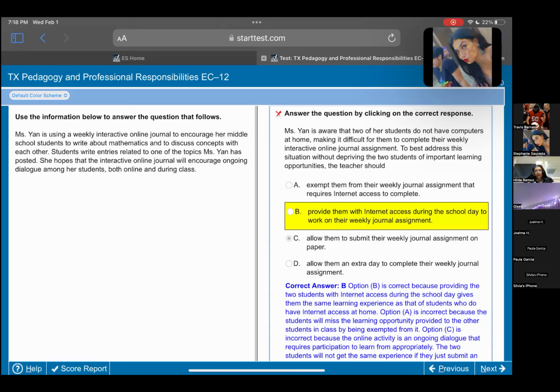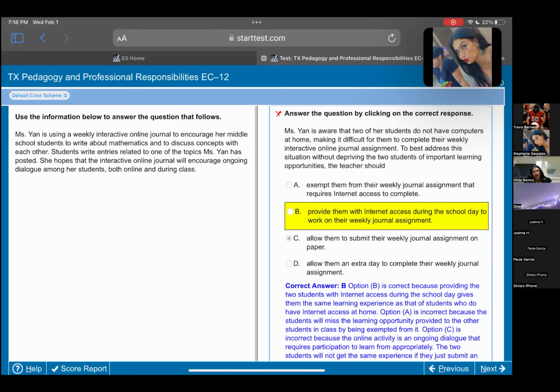To best address, now they said the word best. So they could have just said to address this situation, but they said to best address the situation. So be mindful of the particulars, the keywords and phrases, because they might have given you more than one solution to the situation. So to best address the situation without depriving the two students of important learning opportunities, the teacher should.